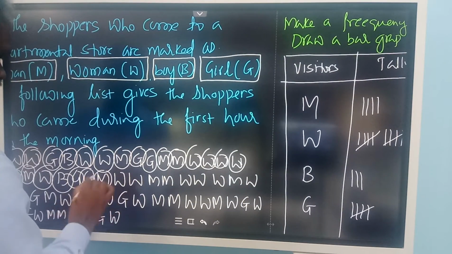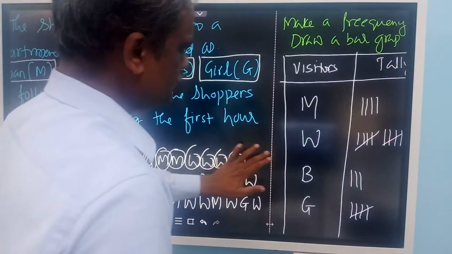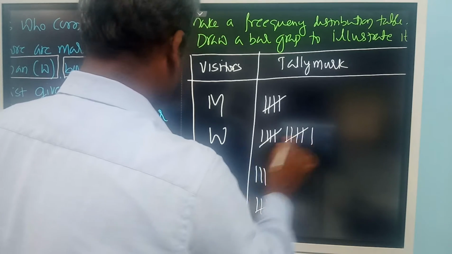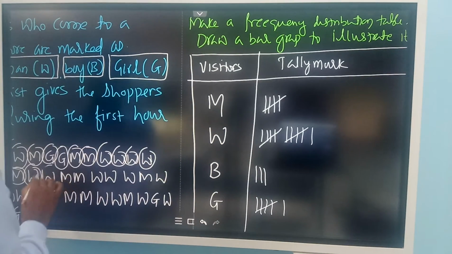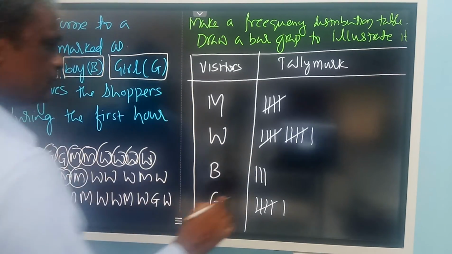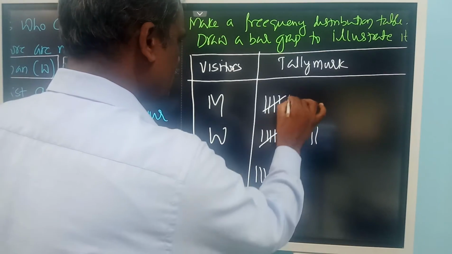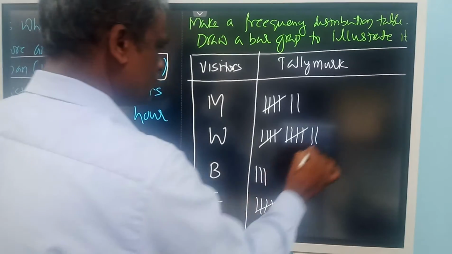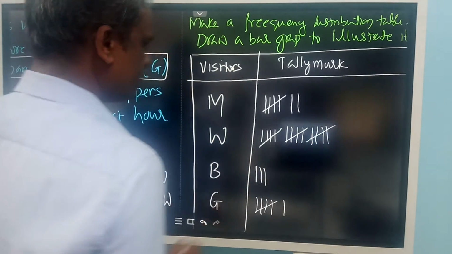Then GMW, then WMM, then WWW, 3 times: 1, 2, 3.